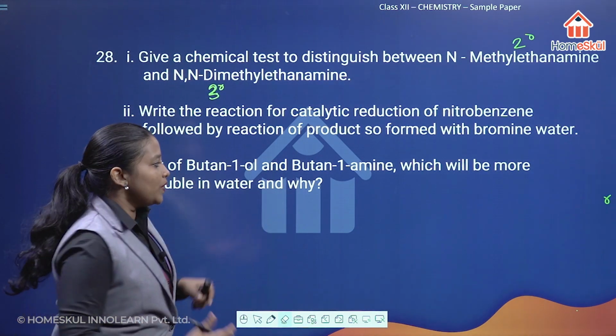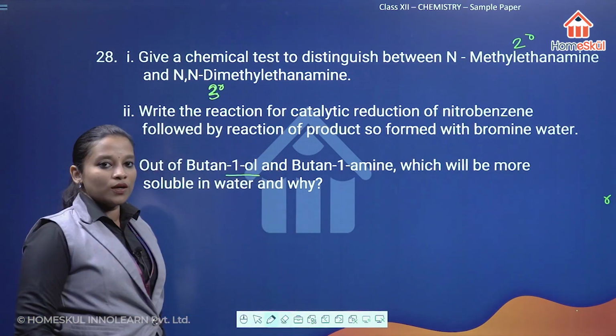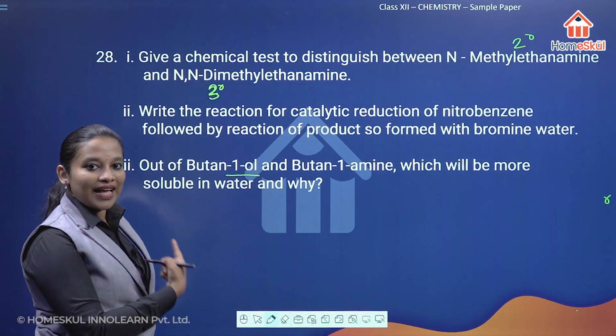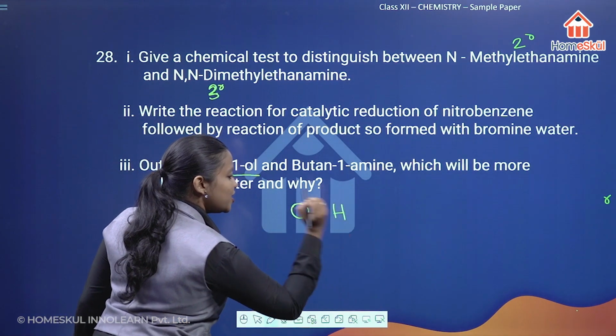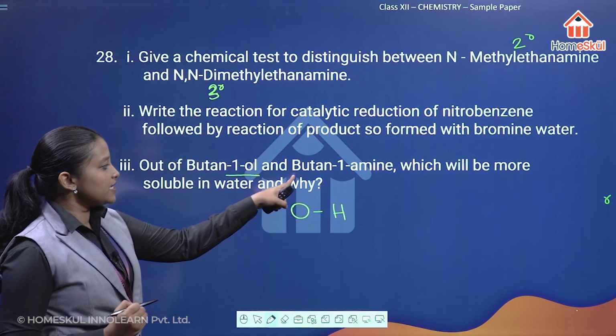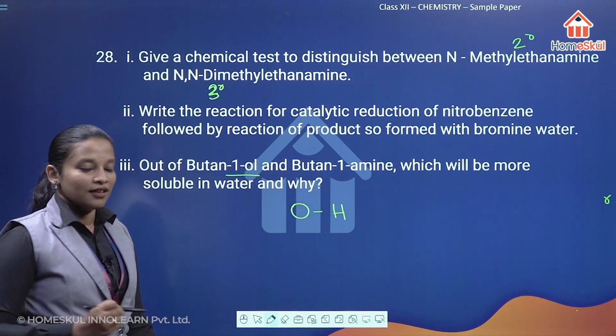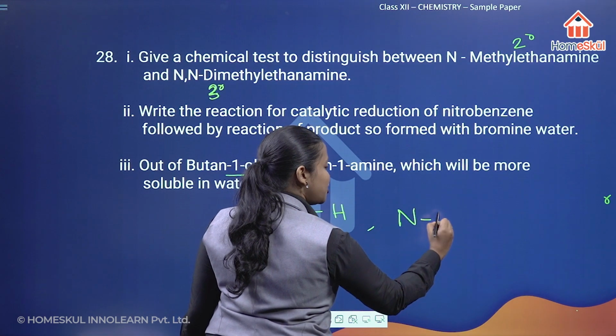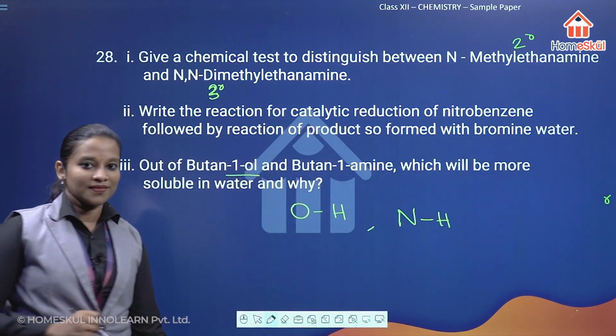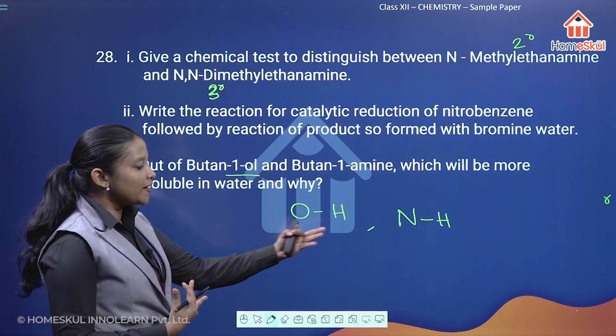Here in butan-1-ol, which is an alcohol, an OH bond is present. Then the second one, butan-1-amine. In butan-1-amine, an NH bond is present. Which one is more electronegative?